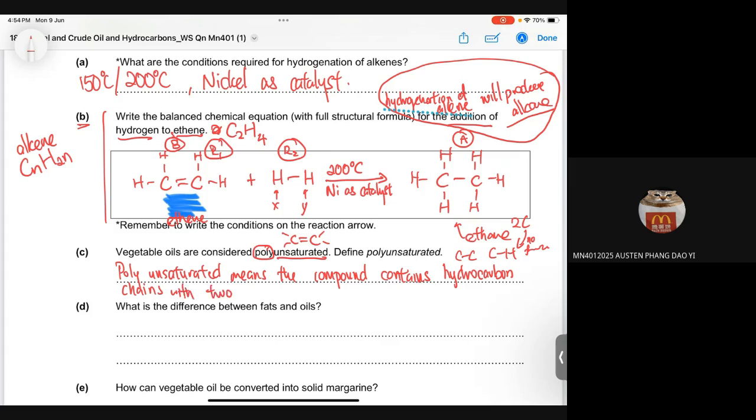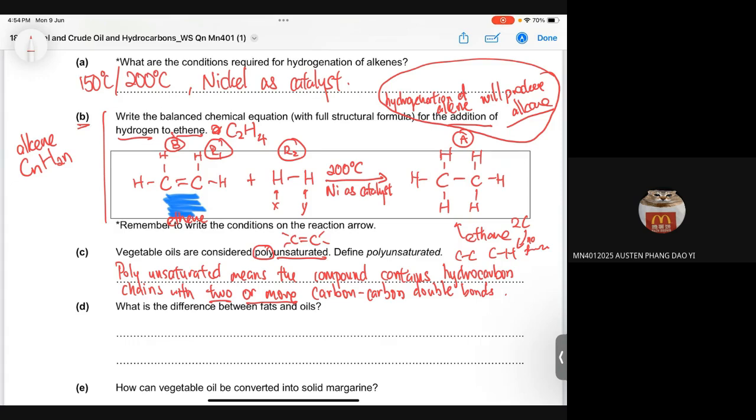Minimally, when you use the word poly, it needs to be two. The key idea here is it must be two or more. So you can use the idea of polyunsaturated if you see two or more carbon-carbon double bonds.